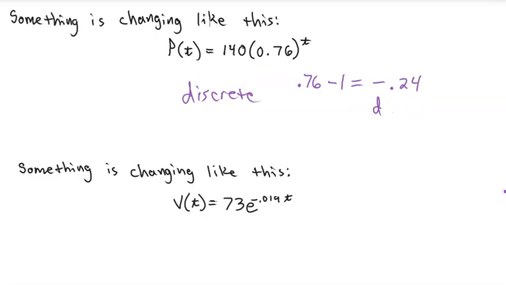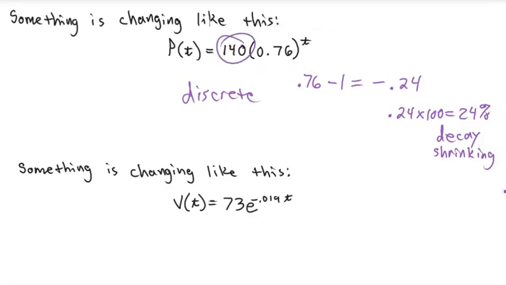If we want to know the percentage, we take this 0.24 and multiply it by 100, and we get 24%. So this function is experiencing a 24% decay or shrinking rate, okay? It starts at a starting value of 140, and that means that P of t is going to be smaller than 140 because it's shrinking or decaying.